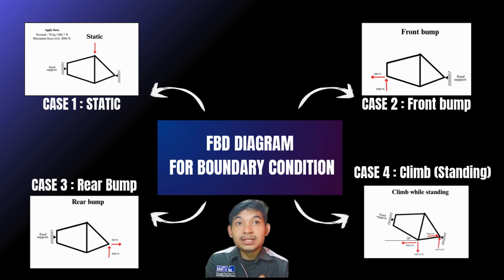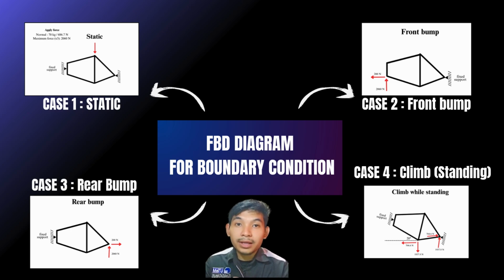These are: first is case static, which is simulating the rider sitting on the saddle. Case number 2, front bump, simulating an obstacle impact on the front wheel. Rear bump, simulating a bump impact on the rear wheel. The last one is climb while standing, which is simulating a rider pedaling while standing on a 20-degree slope.